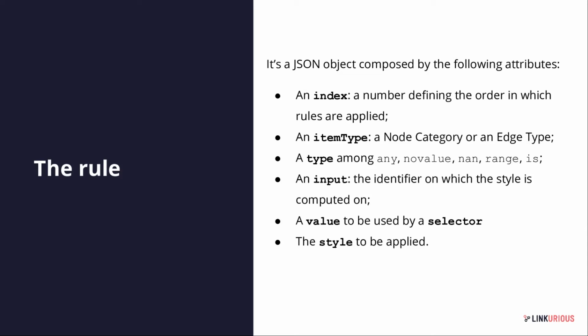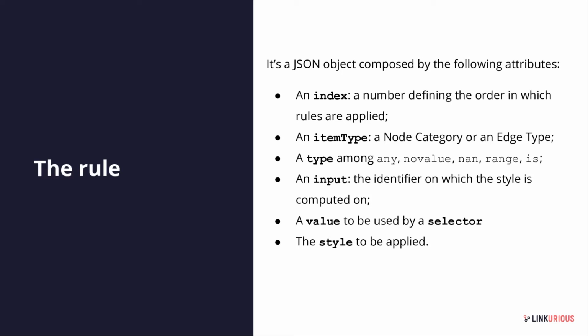This is necessary in order to specify which entity the rule should be applied to. And then we have a type that might be any, no value, not a number, range, and so on. Depending on the type that we choose, we have a series of different attributes that, for example, might be input, in case we want to inspect the value of a specific property.